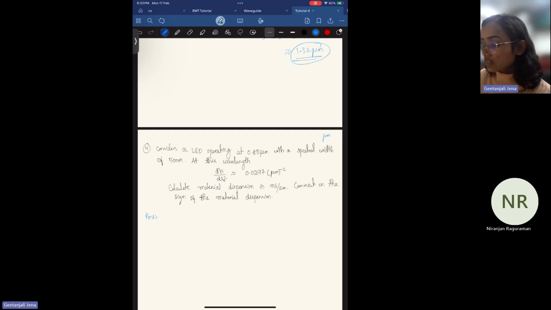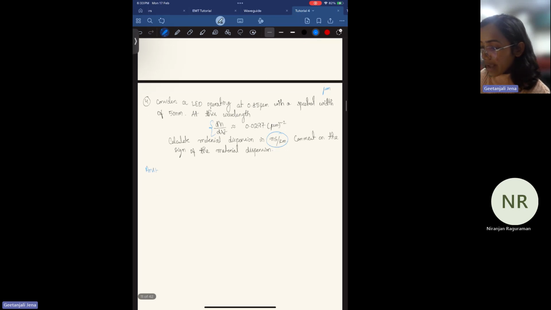At this wavelength, d square n by d lambda 0 square is already given as 0.0297 micrometer inverse. Calculate the material dispersion in nanosecond per kilometer and comment on the sign of the material dispersion.